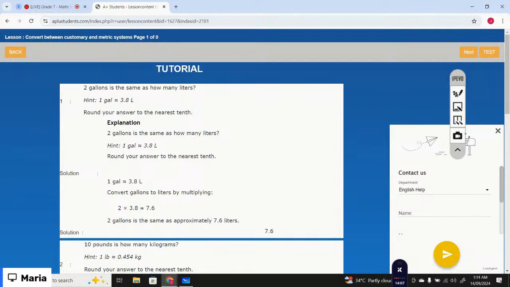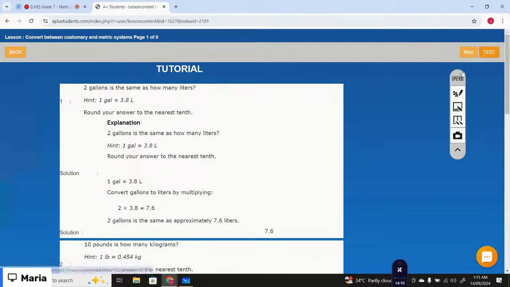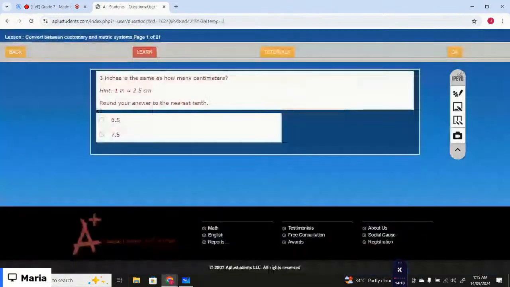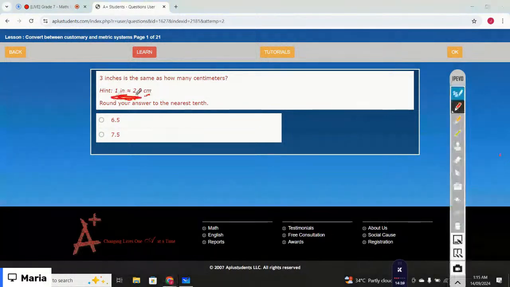So let's just start with the test questions, right? 3 inches is the same as how many centimeters? You need to calculate 3 inches to centimeters. So how do you calculate? 1 inch is equal to 2.5 centimeters, right? You just need to use this hint.